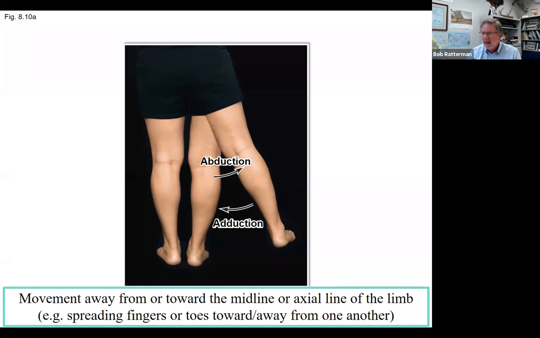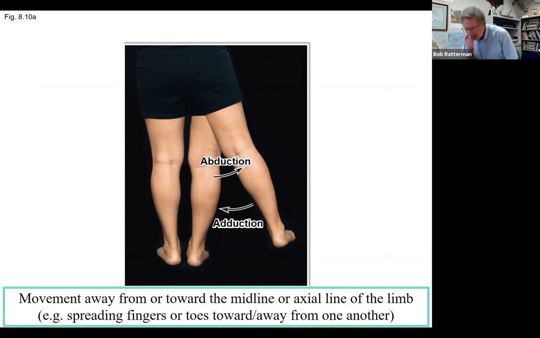If we were to move our leg off to the side, as is illustrated here in this diagram, or if we were to have our arms at our sides at anatomical position, and then move our arms out to the sides like this. That's abduction. So starting here, and then I move my right arm off away from the midline.